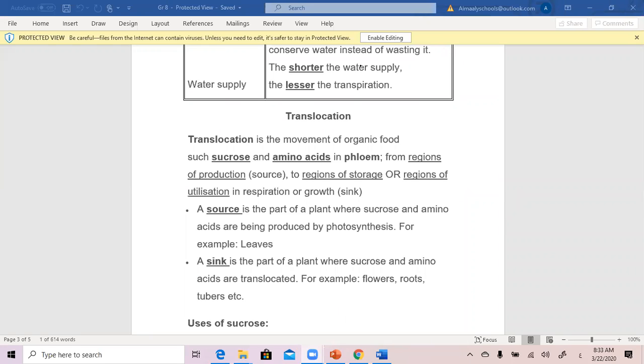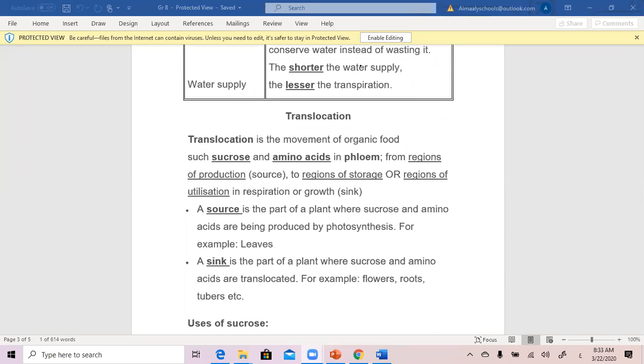You are with me? If you don't understand, I will repeat. Baha Al Hawari, you understand? Iyad. What's the difference between source and the sink, Iyad?